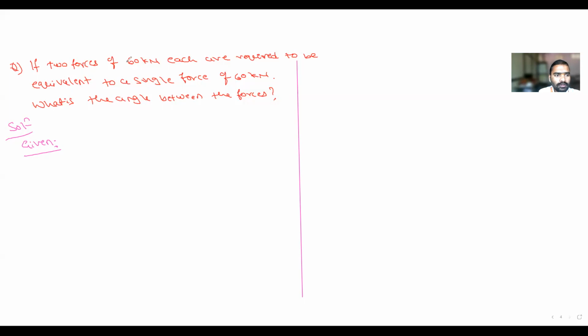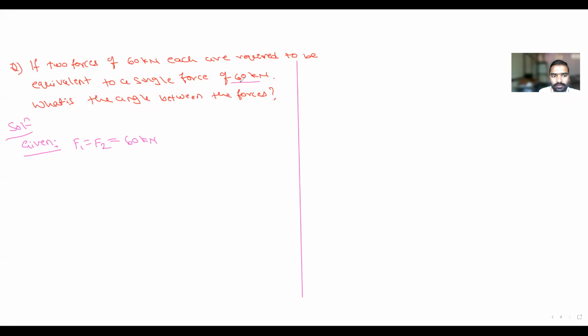Two forces of 60 kilonewton each. F1 and F2 both are the same, equal to 60 kilonewton, given in the problem. Next, they are required to be equivalent to a single force of 60 kilonewton.